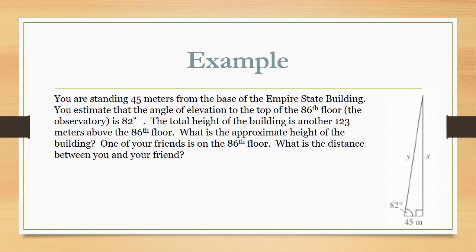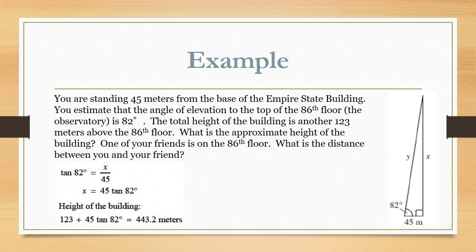Okay, so here's our sketch. Not very exciting, but we're 45 meters away. We have an 82-degree angle, and the top of the X is our 86th floor. Y is going to be the distance from us to our friend. So first thing we're going to do is figure out what X is. And we know that the tangent of 82 would be X over 45.